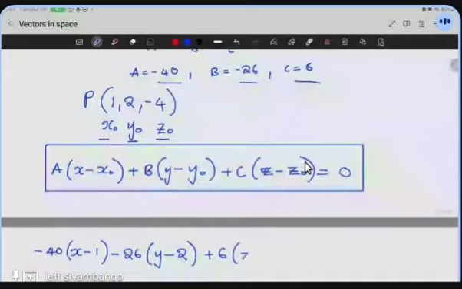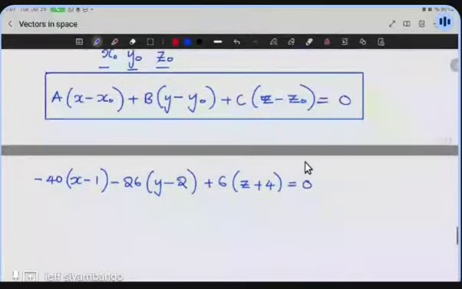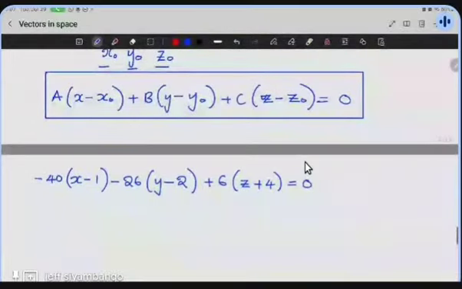Then z minus our z0, which is -4, making this plus 4. You should see here that this is reducing to the same expression that you had. Do you see that? Yes, so it gives the same answer as yours.